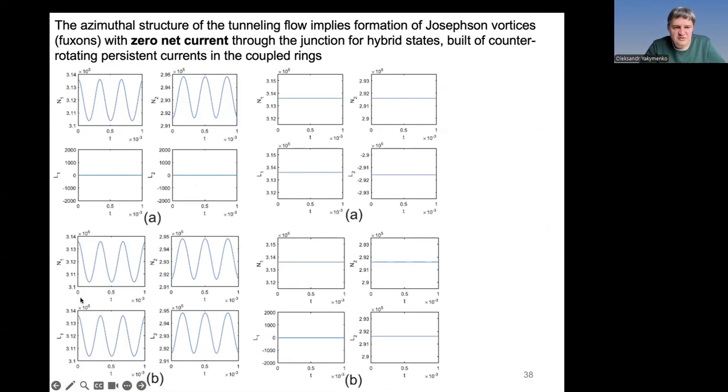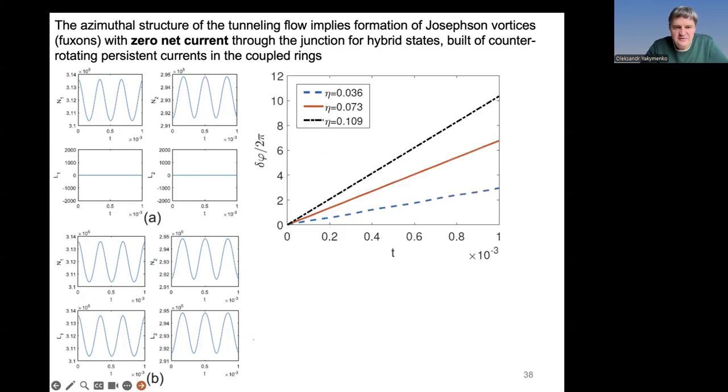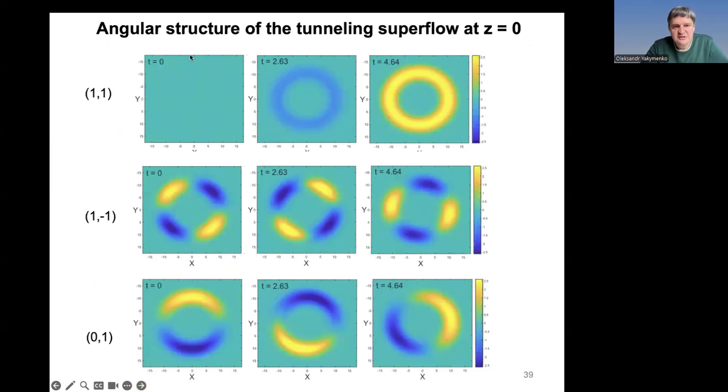They are not visible at all if the Josephson vortices appear there. So it's a kind of remarkable manifestation of the angular momentum state in this system. And yes, okay. So these are examples of the angular structure of the flow between the rings in the vertical direction.